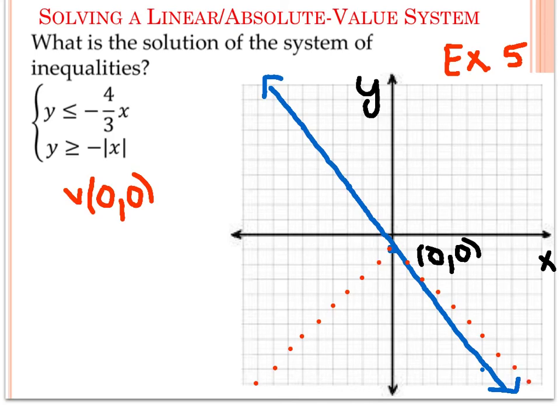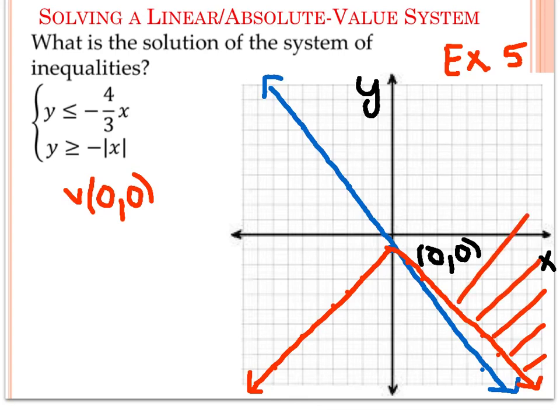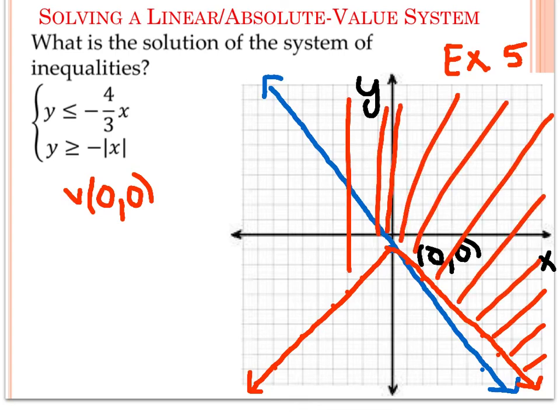Okay, now my red line is also solid. And for the absolute value, we want to shade everything greater than. So I'm going to shade everything greater than. Okay, and then for the line, it's everything less than. So I'm going to shade towards, remember, the negative values of y here.